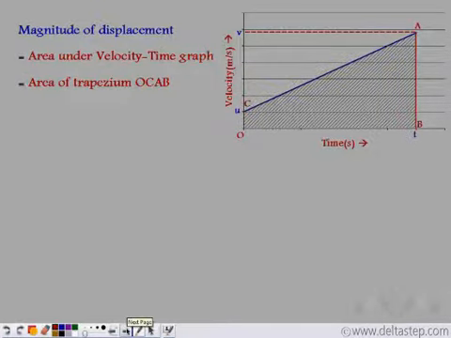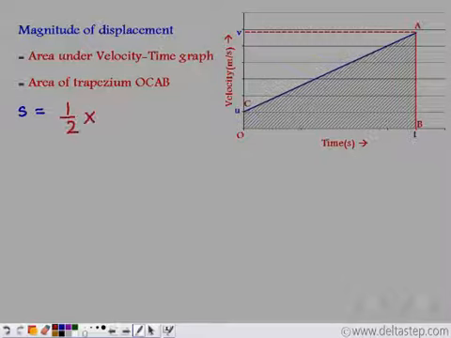Now how do you calculate the area of a trapezium? Area of a trapezium is equal to half into altitude into sum of the parallel sides. So we get the magnitude of displacement, which is S, is equal to the area of this trapezium, which is half into altitude.